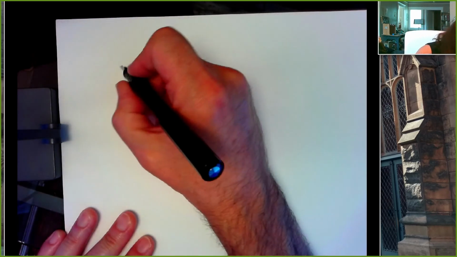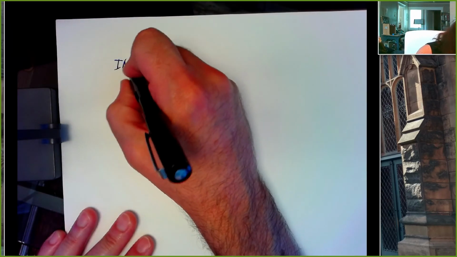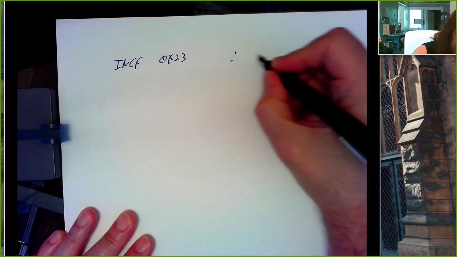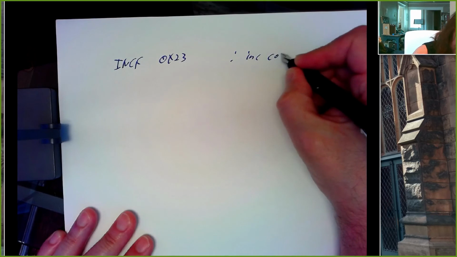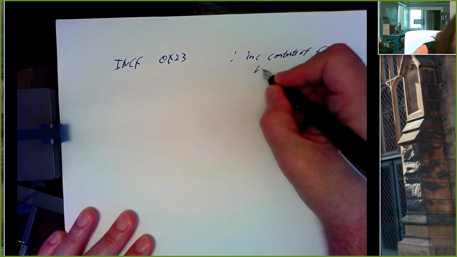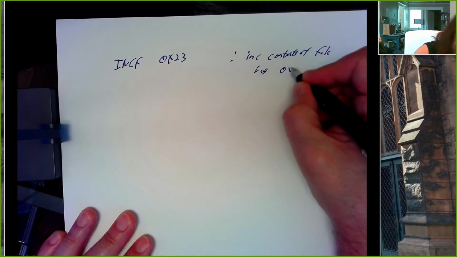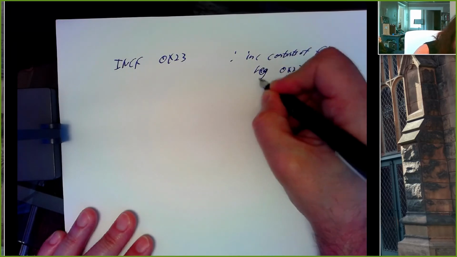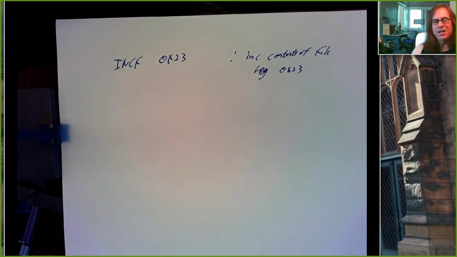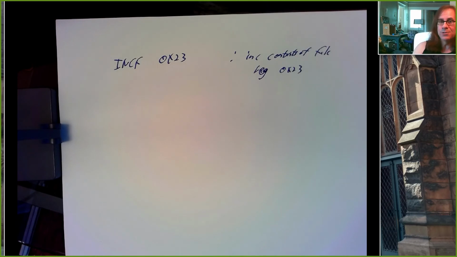We understand that when we say INCF 0x23, this means increment the contents of a file register at location 23 hex. So we're not incrementing the number 23. We're reading the contents of a file register at location 23, and we're incrementing that contents.